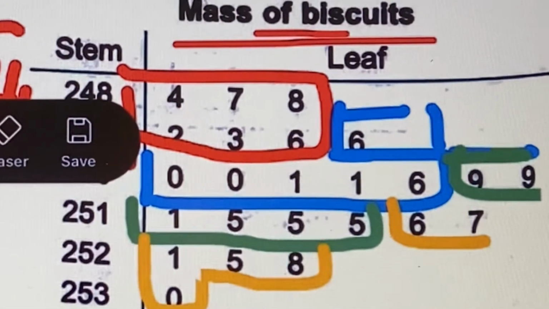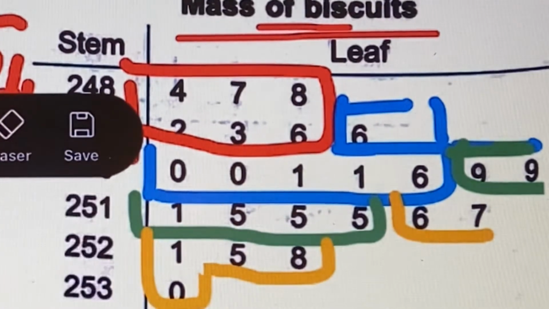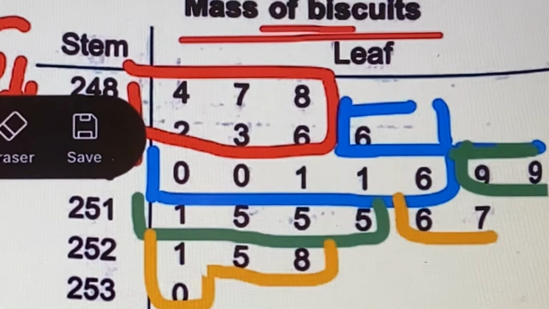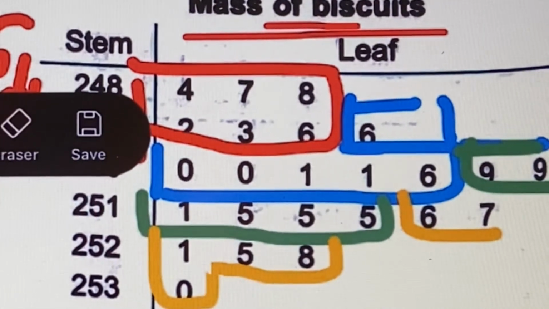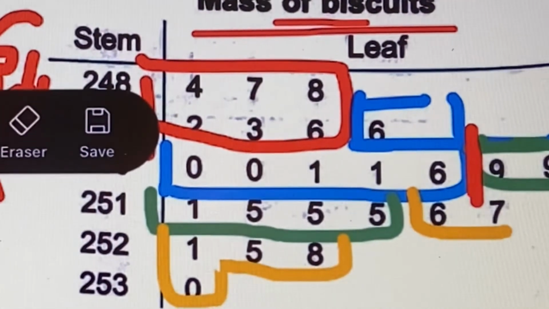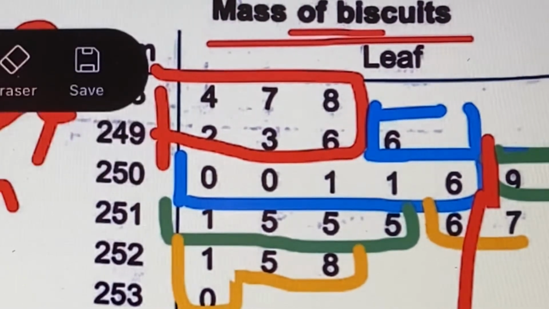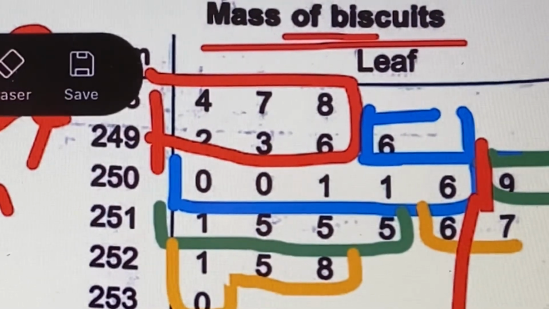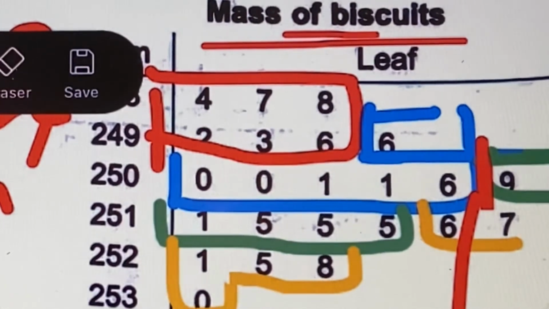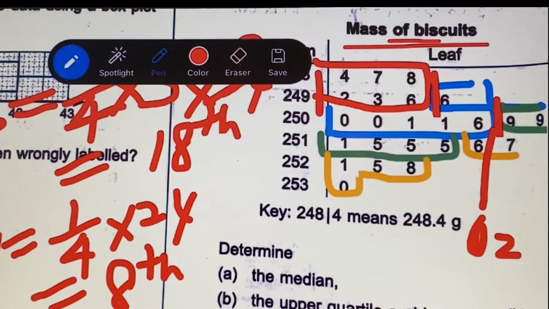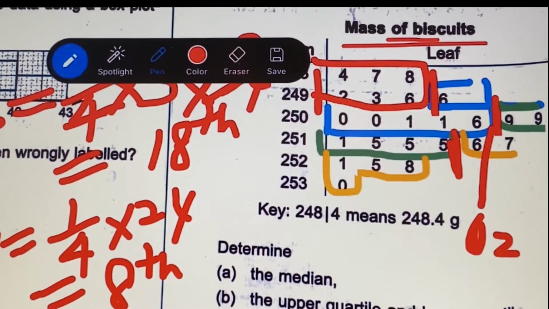That means the first quartile is, normally we will start with the median. Median is here. This is Q2. Alright, so Q1 is here, and Q3 is here, right?